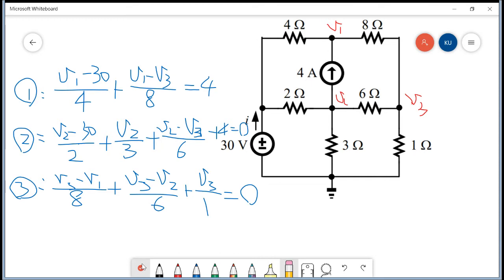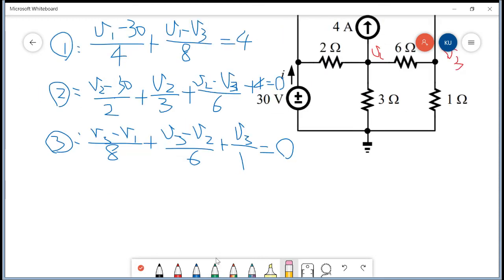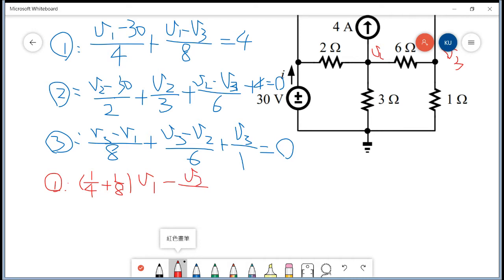So we can simplify it a bit. For equation 1, we have (1/4 plus 1/8) V1 minus V3 over 8 equals 23 over 2.